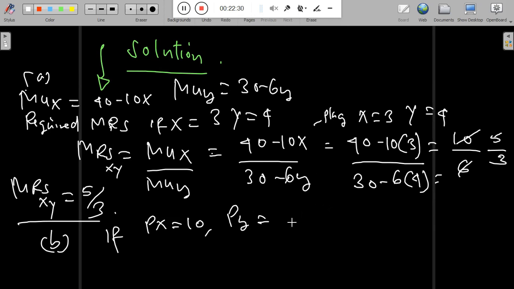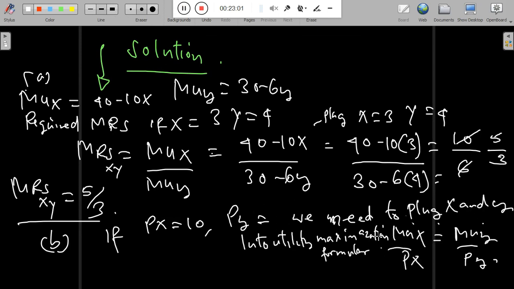So in order to show this consumer maximization in equilibrium, we need to plug in our data into the formula, known as the Cobb-Douglas utility maximization: the marginal utility of X divided by the price of X is equal to the marginal utility of Y divided by the price of Y. So let's take from our data sets.